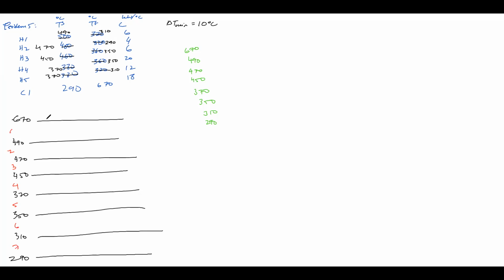So let's just plot these streams. H1 goes from 490 to 310. H2 goes from 470 all the way to 290. H3 goes from 450 to 350.